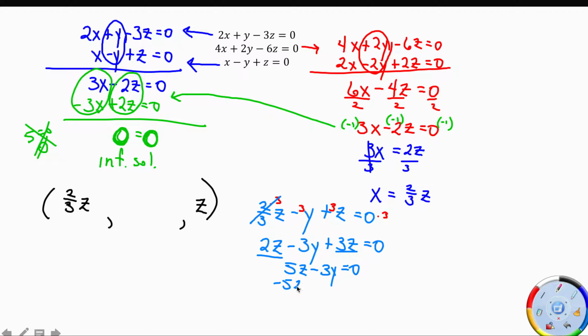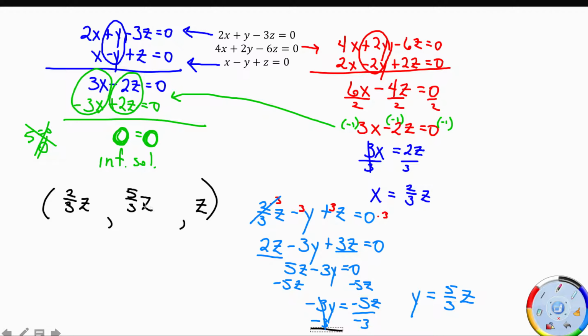I'm solving for y, remember? Keep in mind our goal, solving for y. So divide by negative 3 to get that y is 5/3 z. So now I can put that in my answer.